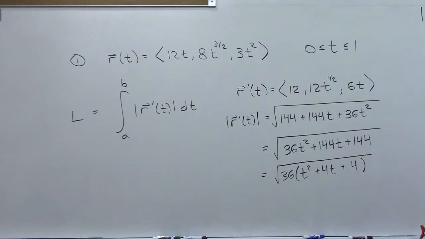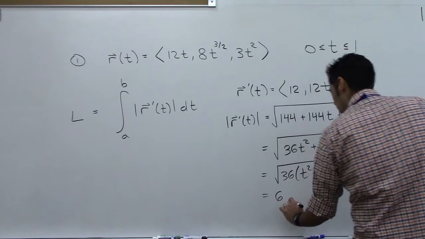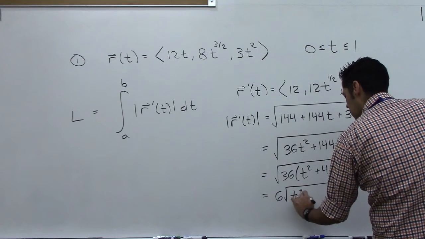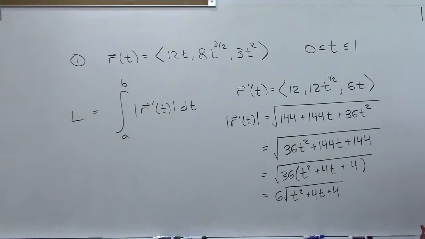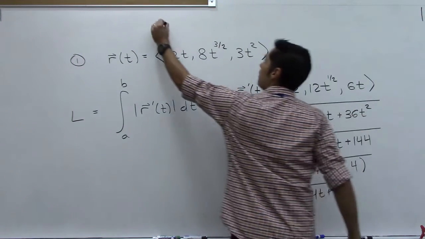And then we can pull the 36 out of the root and get 6 root, and then t squared plus 4t plus 4. And this looks like possibly a perfect square trinomial. I'm going to continue this up here. Just remember we're between 0 and 1.